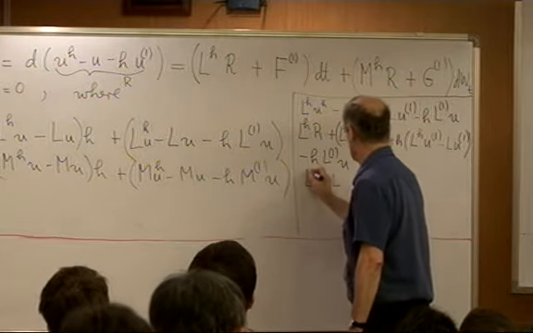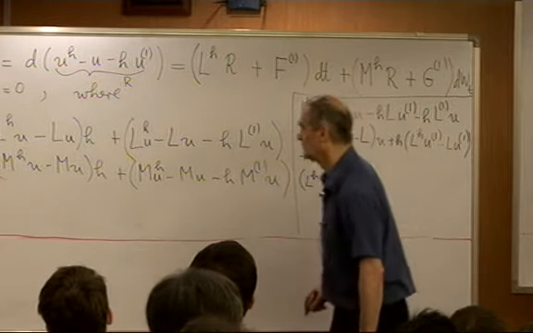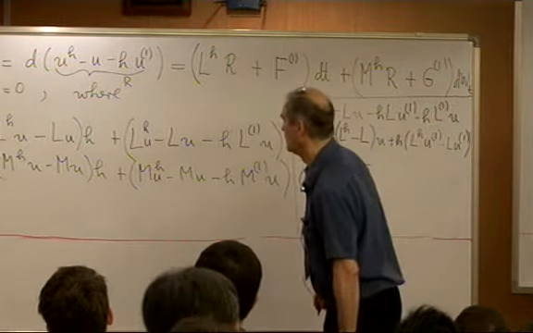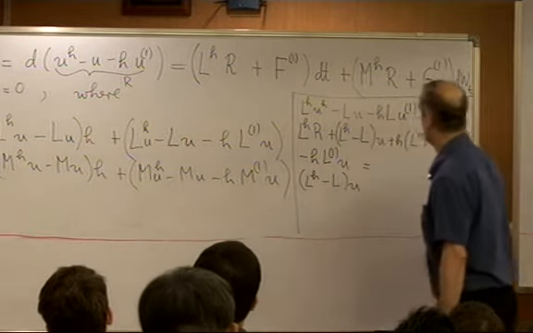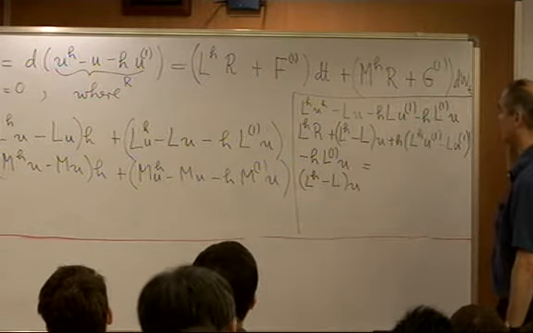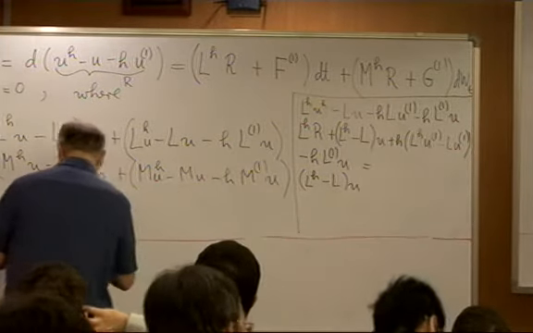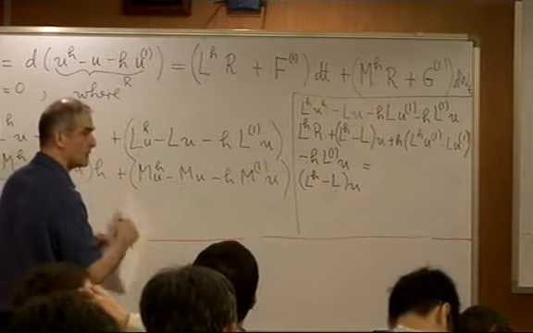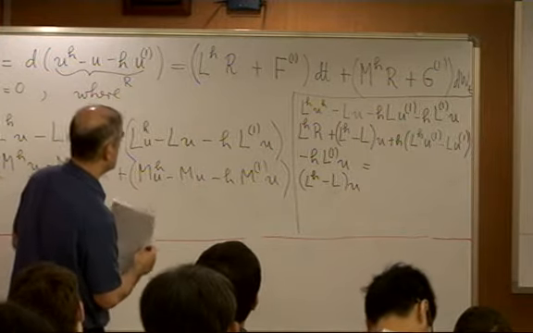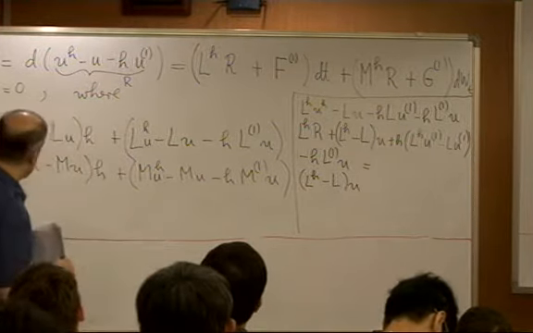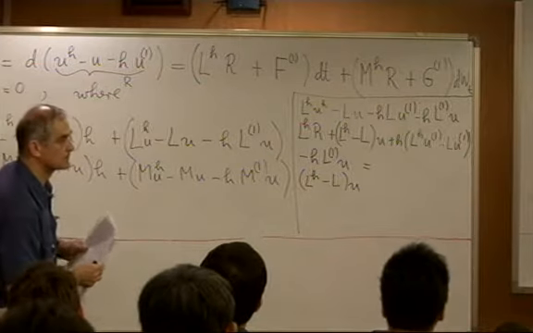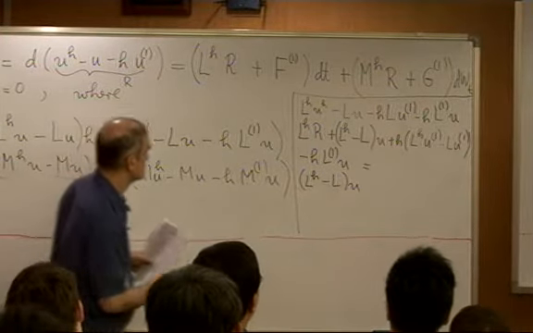LH minus LU doesn't seem to be the same as what I have written down. Where have I lost the H? There is no equality sign anywhere. What is equal to what?